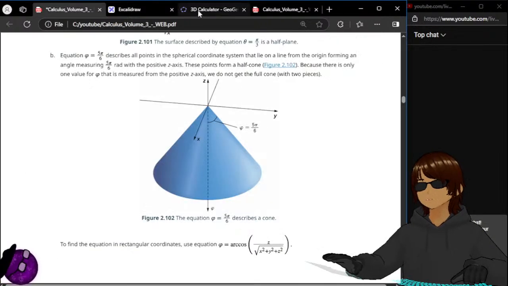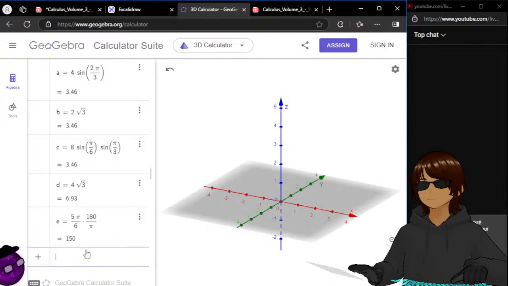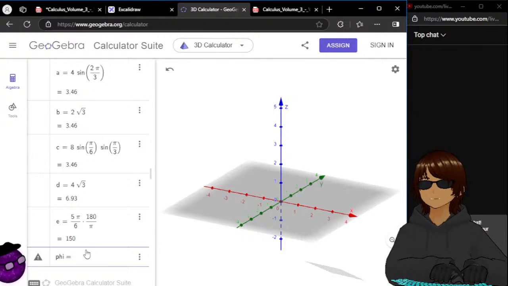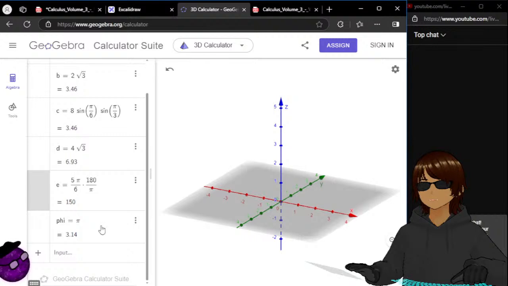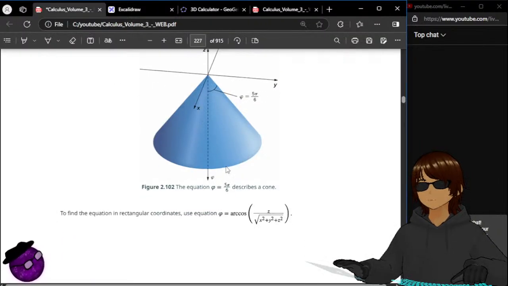Is there a way to do this? If I do phi is equal to pi... No, never mind. Wait, hold on.